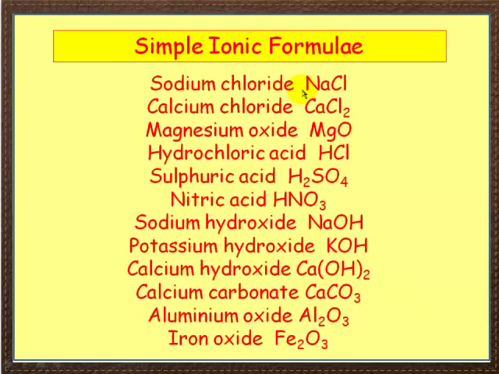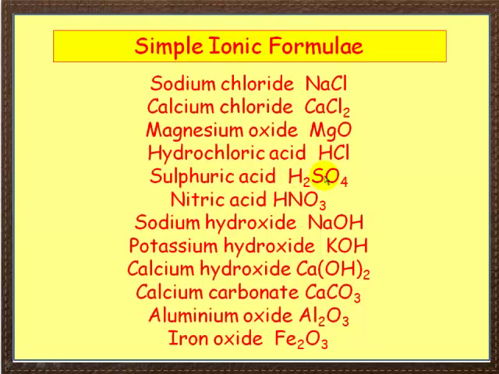Ionic formulae, in all these you've got a metal and a non-metal. So sodium chloride NaCl, calcium chloride CaCl2, magnesium oxide MgO, hydrochloric acid H. Now hydrogen can sometimes be in a metallic state, so H there is acting as though it's a metal. So H plus is the ion there.